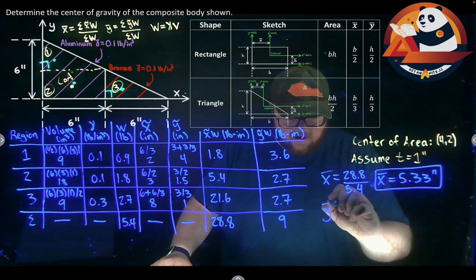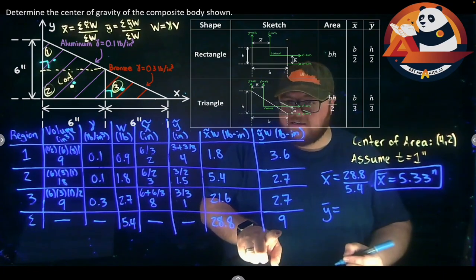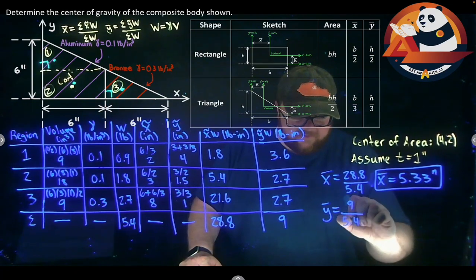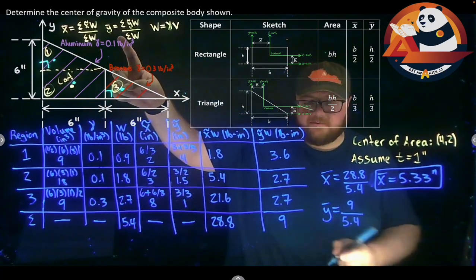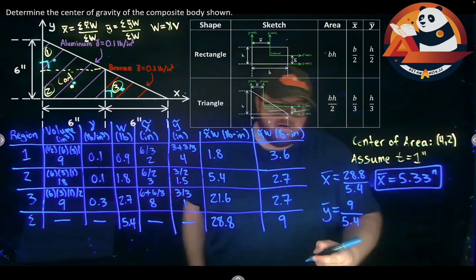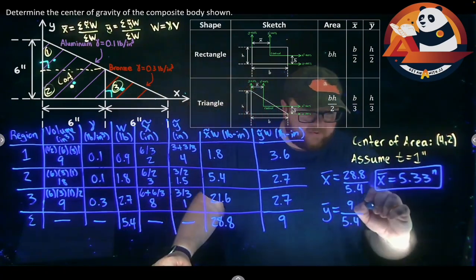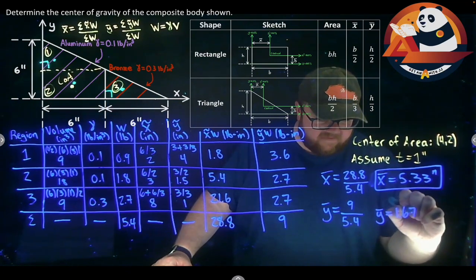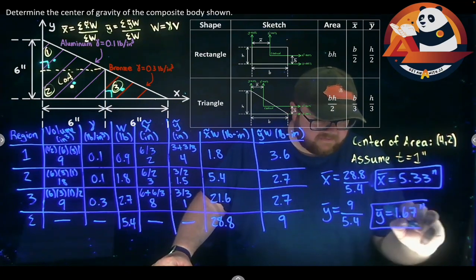And y bar, we can say, is y tilde w, 9, divided by 5.4, our total weight. Y tilde w over the sum of our weight. Y bar works out to be 1.67. Y bar equals 1.67 inches.